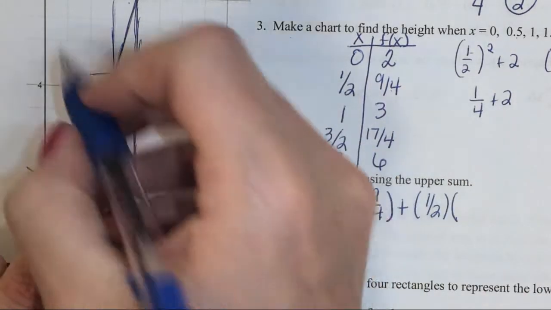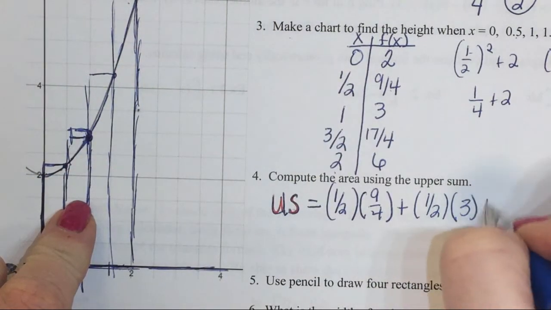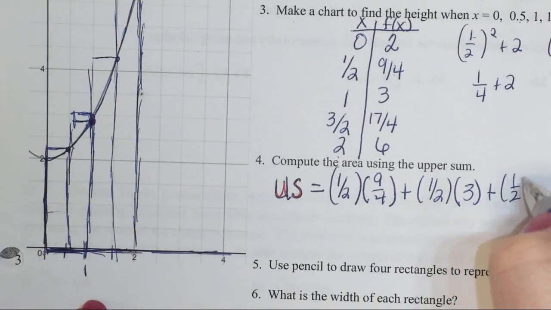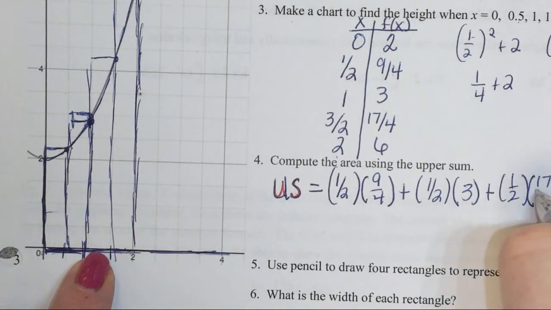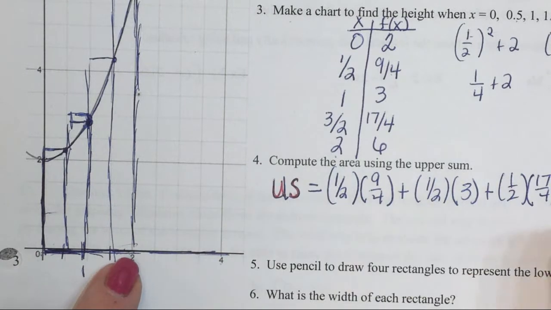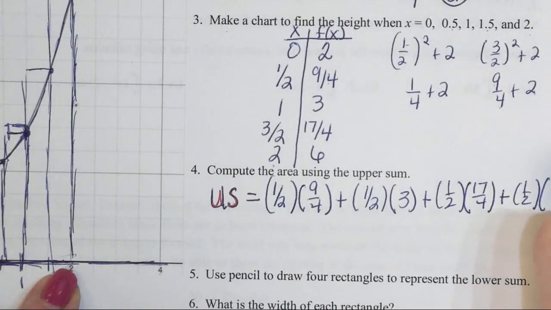It doesn't look exact, well, because I didn't draw it perfectly. There we go. Okay, and then my next one, that's 1/2. What's the height for the next one? 17/4. And then plus, my last rectangle is 1/2 times what? What's my height there? 6.